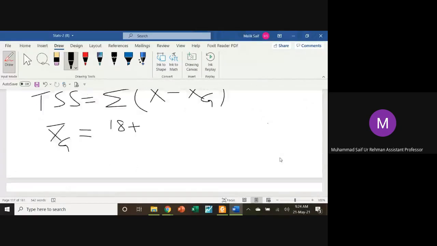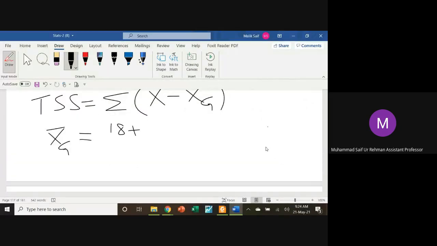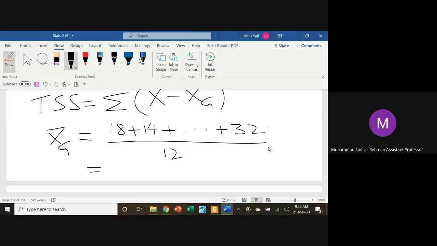I can't move my cursor up and down. So yes, these are the values. 18 plus 14 plus so on up to the last value, 32, and you have to divide it by 12. If you have a calculator, you can find the answer by adding these values. Let's see what the average is.